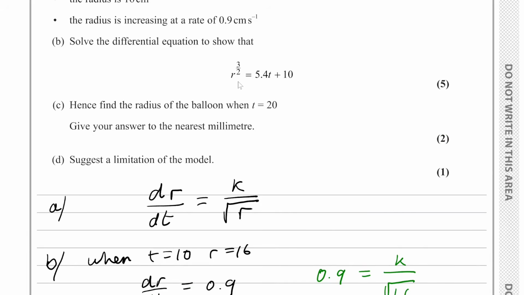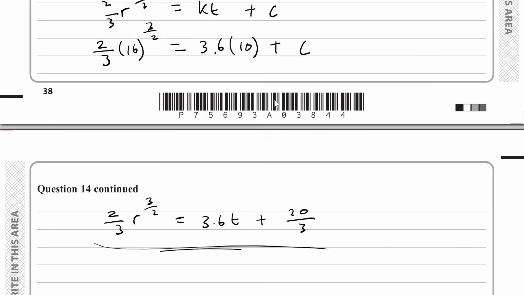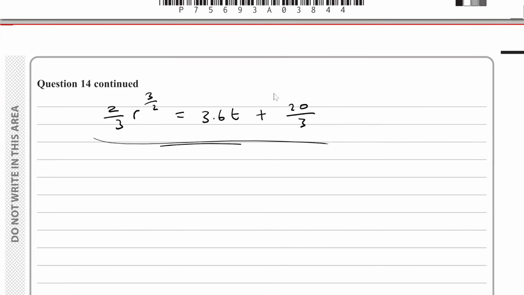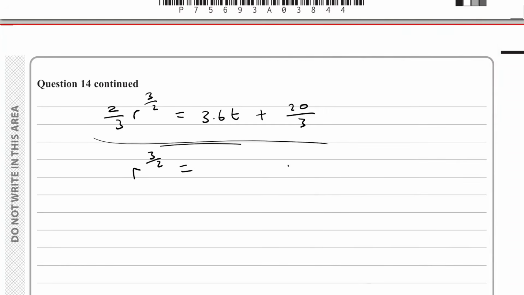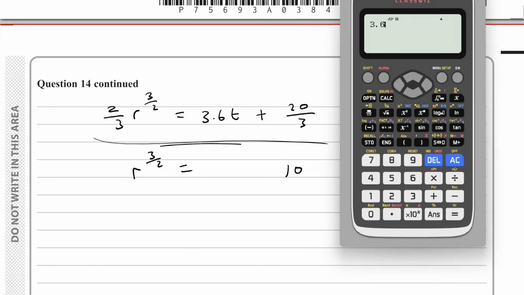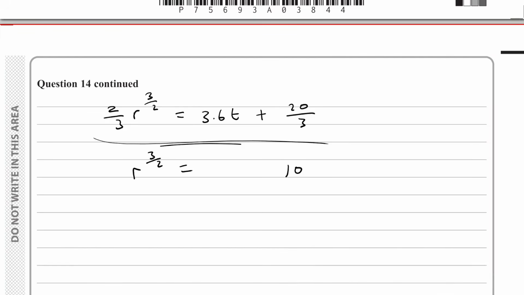And that's not actually exactly what we wanted. We want to divide everything by 2/3. So let's just check. So divide by 2/3, that's 10. 3.6 divided by 2/3 is 5.4.